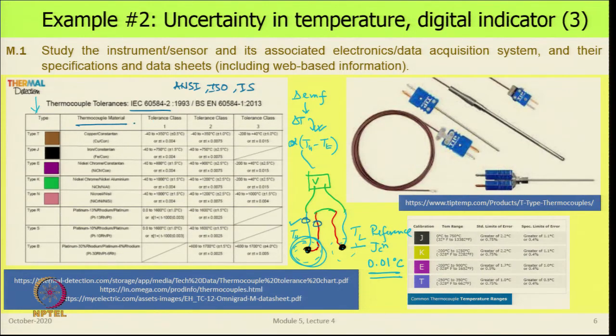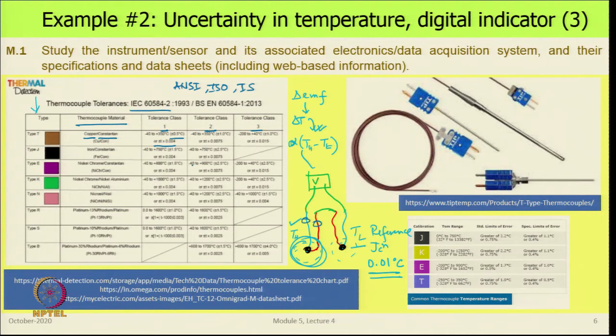So, that there is tolerance class 1, tolerance class 2 and tolerance class 3. And we will look at, say, the type T thermocouple, where one wire is of copper, the other is of constantan. And it says that if you have class 1 thermocouple with this, we can expect an uncertainty of plus minus 0.5 degrees Celsius or the value times 0.004, whichever is greater.